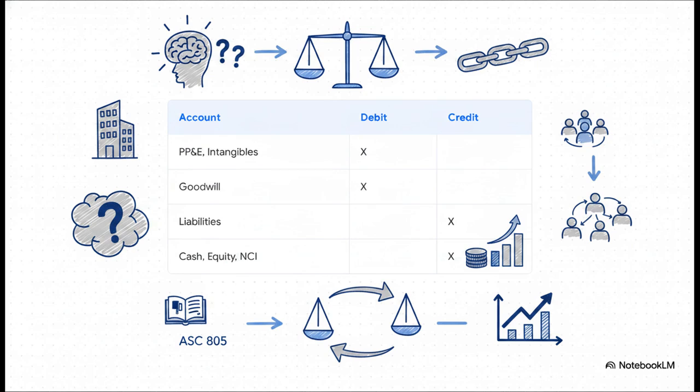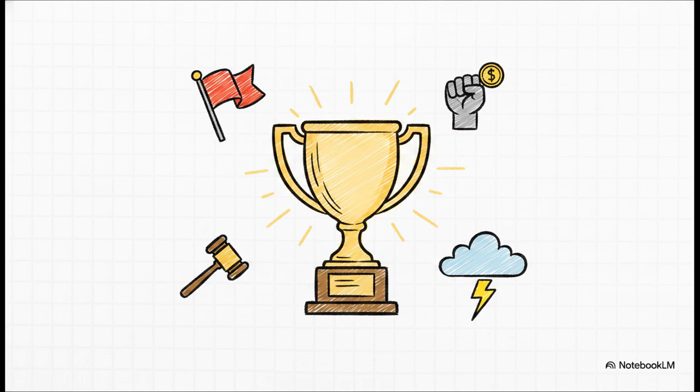You are debiting the fair value of your property, plant, equipment, identified intangibles, and that residual goodwill. Against that, you're crediting the assumed liabilities, your cash consideration, equity issued, and the non-controlling interest. Seeing it laid out like this really just captures the entirety of ASC 805 in one neat, perfectly balanced package. To wrap things up, let's quickly summarize the absolute golden rules we've uncovered today.